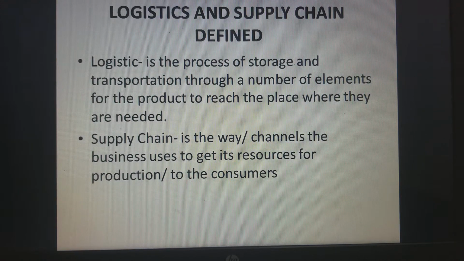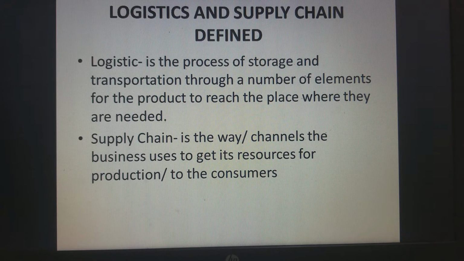So, what is logistics? Logistics is the process of storage and transportation through a number of elements for the product to reach the place where they are needed.